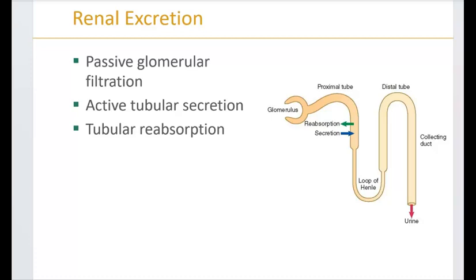All right, tubular reabsorption. In addition to reabsorption by passive diffusion, substances filtered at the glomerulus are reabsorbed by active transport systems located primarily in the proximal tubule of the nephron, which you can see here, our proximal tubule.